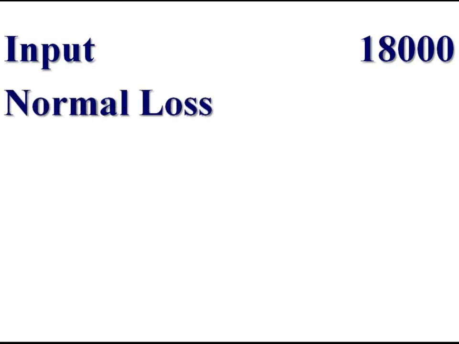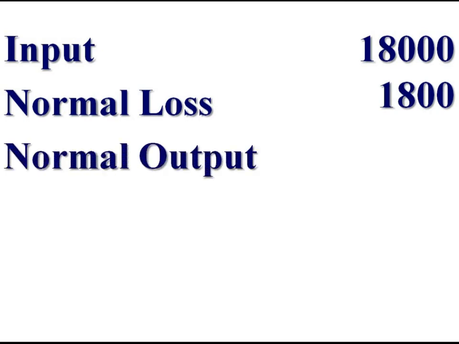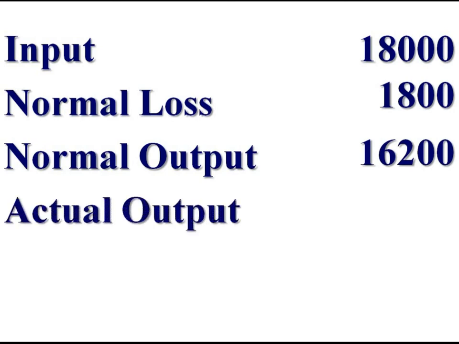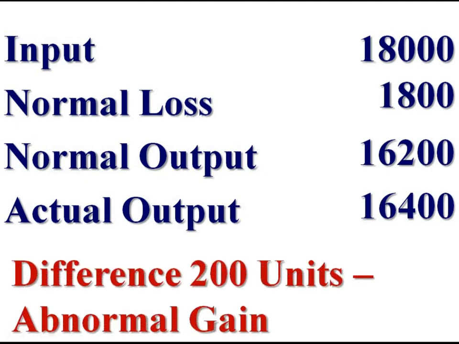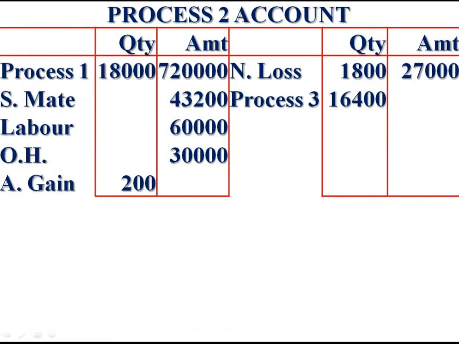See, input 18,000 less normal loss 10%, 1,800. Now we get normal output 16,200. Our actual output from process 2 is 16,400. Here the actual output is greater than the normal output. That excess of actual output is known as abnormal gain, 200 units. It is to be debited in the process account. Debit side abnormal gain 200.